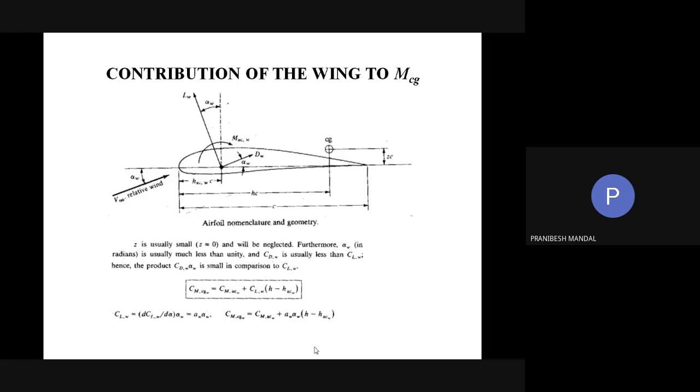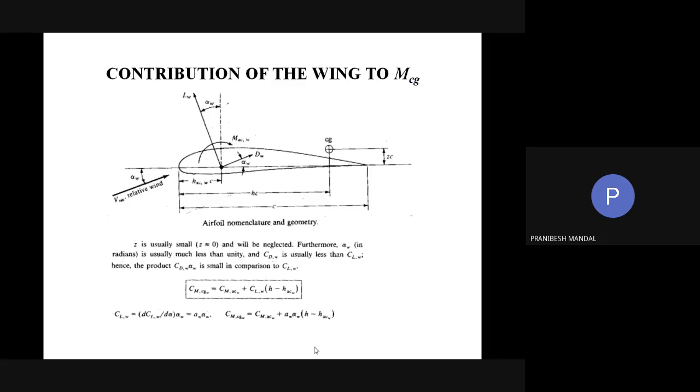How many things do you need from the tunnel data, from the last expression? Sir, alpha. Alpha you need not have from the data. Alpha is a variable.